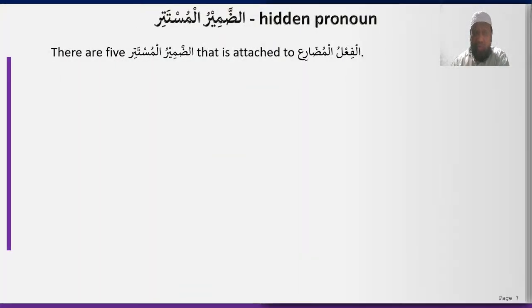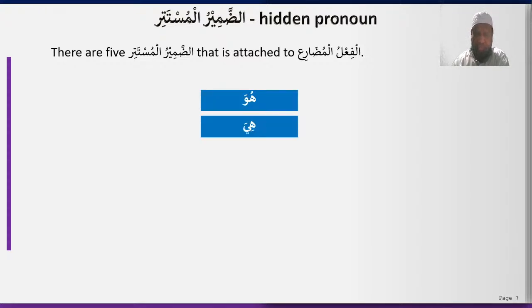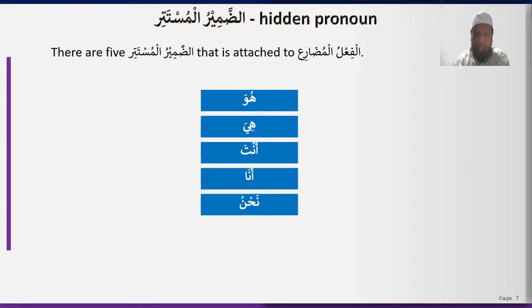The hidden ضمائر for فعل المضارع, there are 5, which are هو, هي, أنتَ, أنا, and نحن. So in فعل ماضي, only 2 ضمائر are hidden, which are هو and هي. But in فعل المضارع, there are 5 ضمائر مستترة: هو, هي, أنتَ, أنا, and نحن.